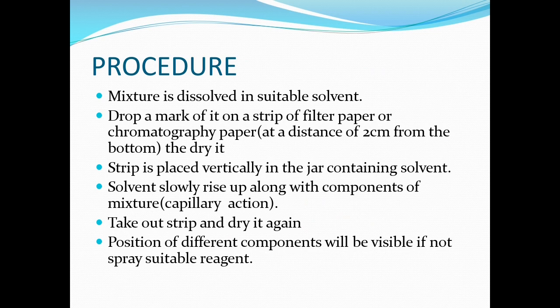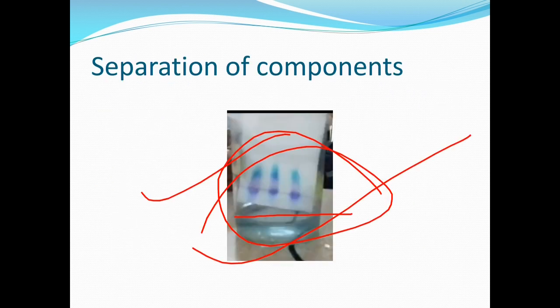After that you will allow the strip to dry, and then keep that strip in a jar containing solvent. You can take water, or you can also take alcohol or acetone. Acetone is the nail paint remover. After that you will take out the strip, allow it to dry, and you will be able to see the separation of different colors.